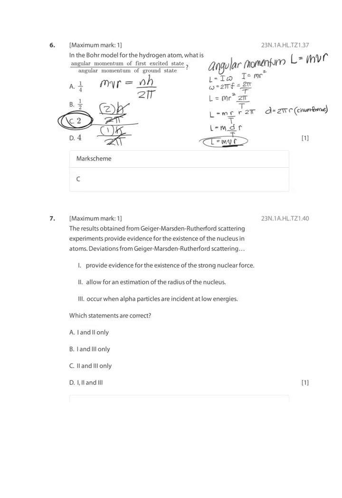Okay, number 7, we have more Rutherford, Geiger-Marsden scattering. So the Geiger-Marsden scattering, we know that statement 2 allows for an estimation of the radius of the nucleus, because most of the alpha particles scattered at small angles or went straight on through, but a bunch of the alpha particles did bounce off the nucleus.